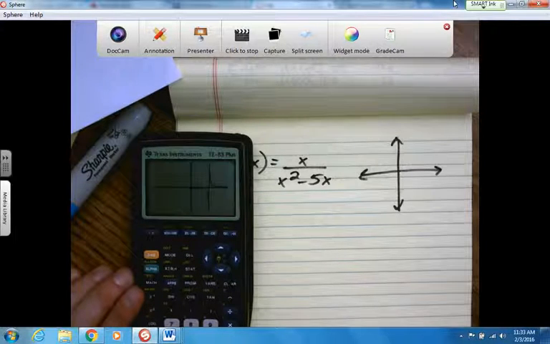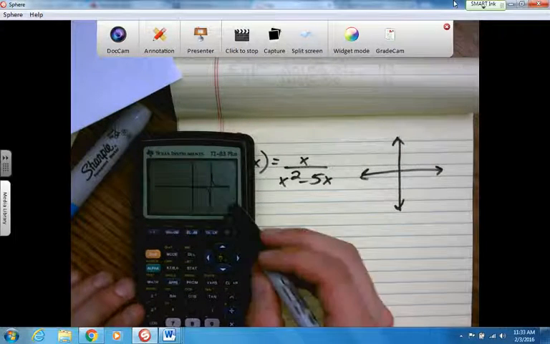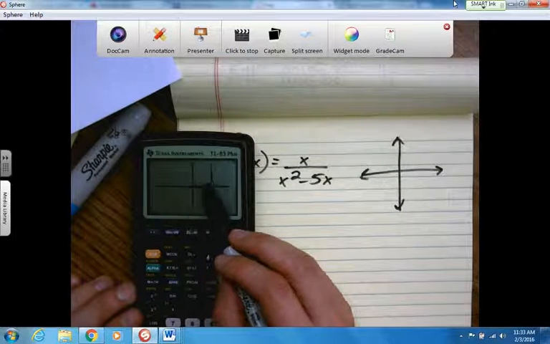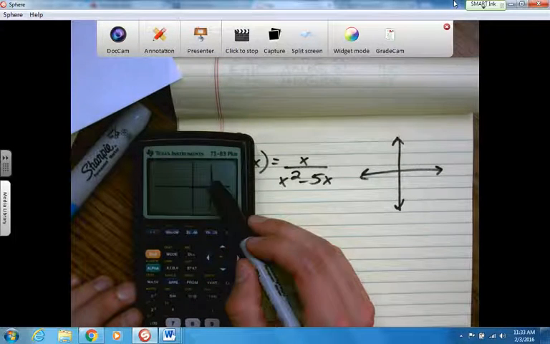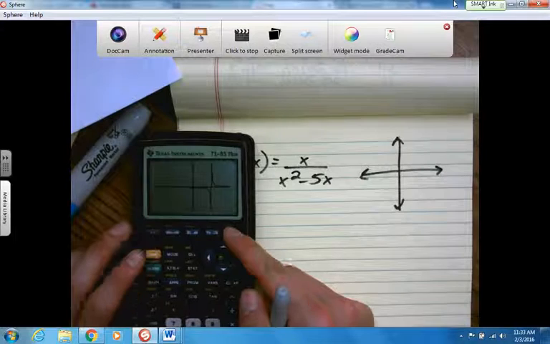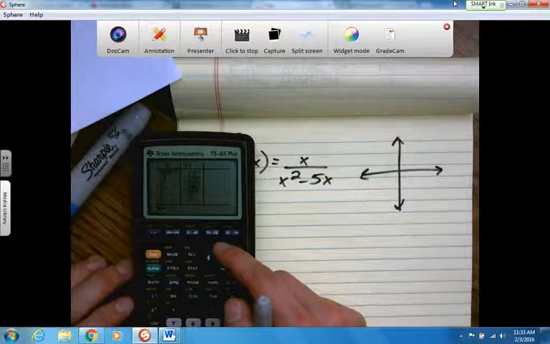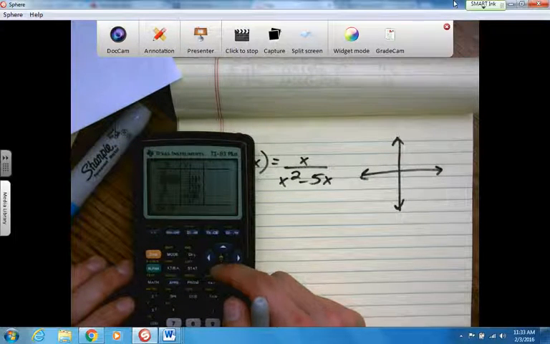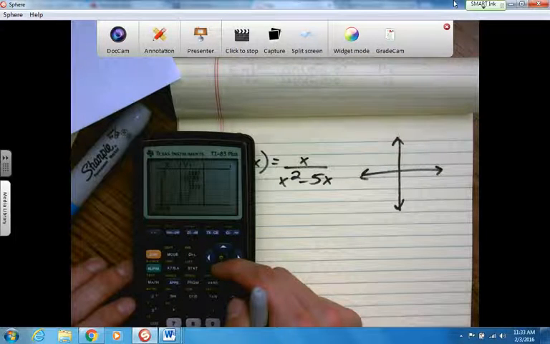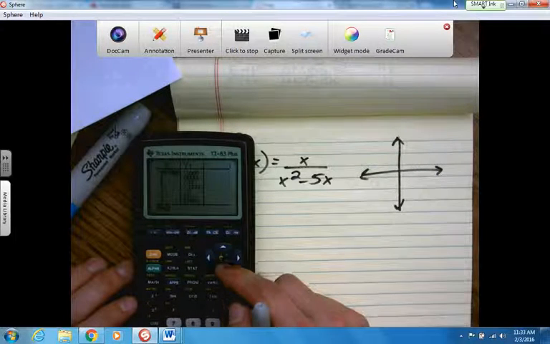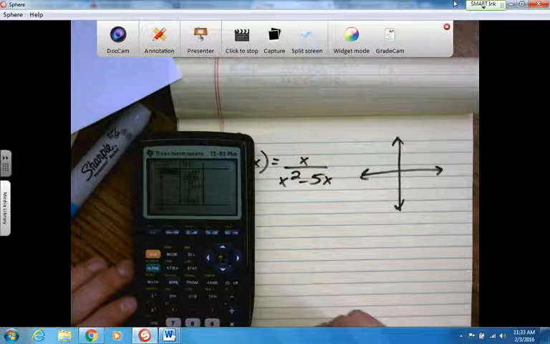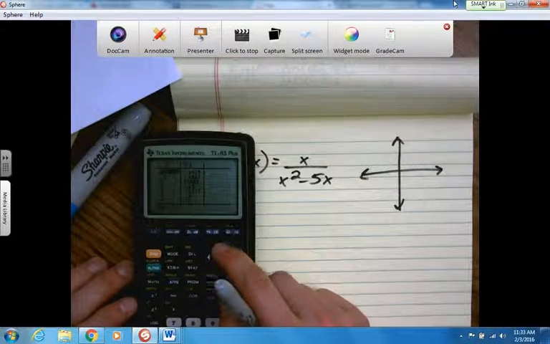Now, we see that you kind of got a trend that starts here, it goes down, and then we got this part right here that goes down. Now, let's check the table. Error at 0 and an error at 5. But it exists at all these other points to the left there.